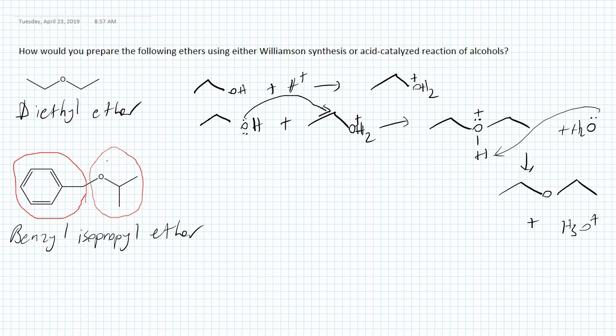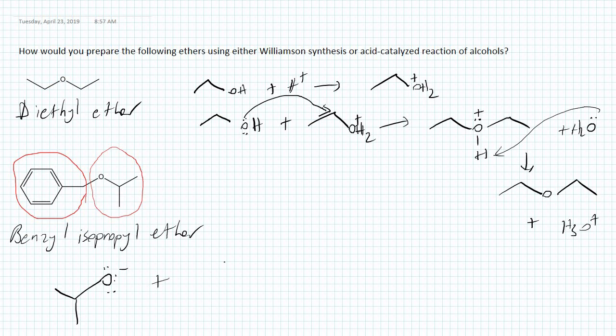Let's use halide, and let's use the nucleophile of this part. So our nucleophile will be this molecule. We have to use the deprotonated form of isopropyl alcohol, because it's going to be a very good nucleophile. Isopropyl alcohol is going to be a very weak nucleophile.